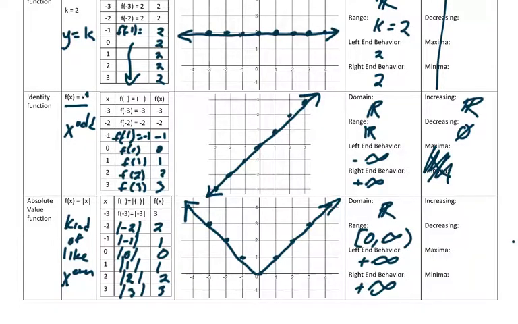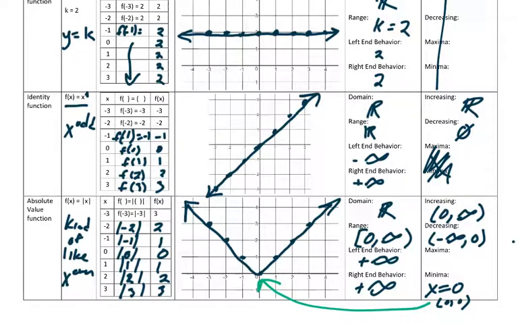Now we even have some intervals for increasing and decreasing. It is increasing from 0 to infinity, and it is decreasing from -infinity to 0. There isn't a maximum, but there is a minimum at x equals 0, which is the point (0, 0), right there.